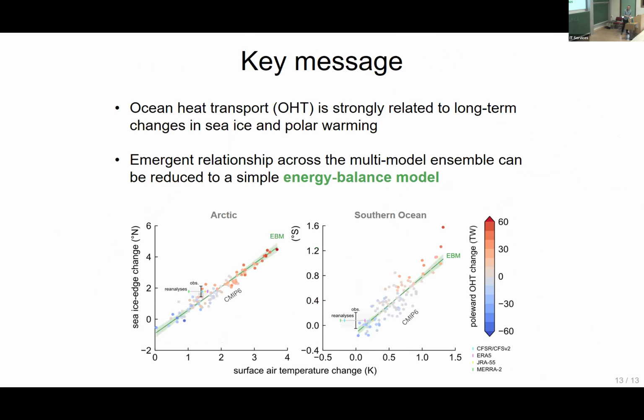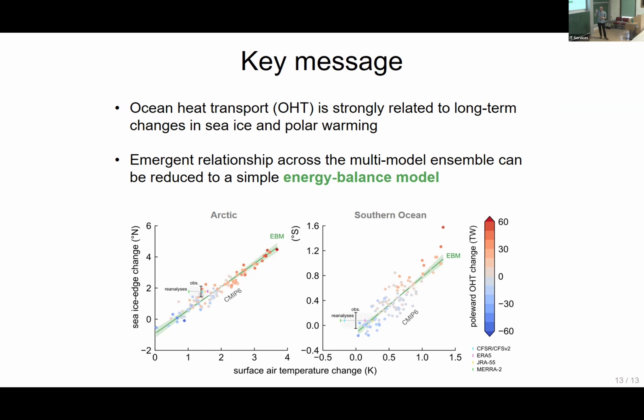So I'm going to leave it there with my key message. There is a lot of existing evidence, in addition to what I've shown here today, that there is a strong relationship between the simulated ocean heat transport and sea ice changes in latest model simulations.